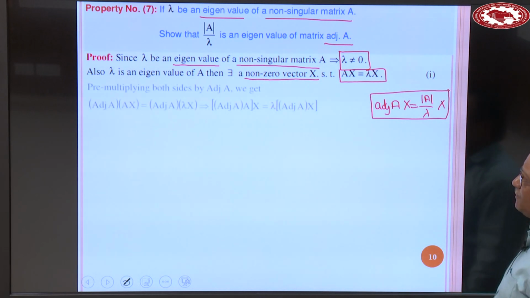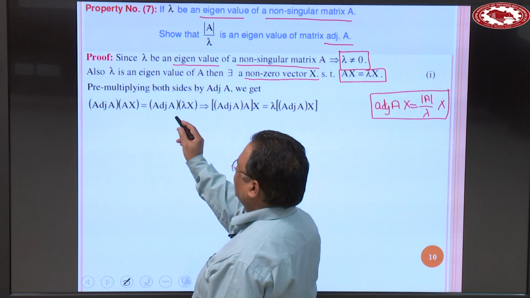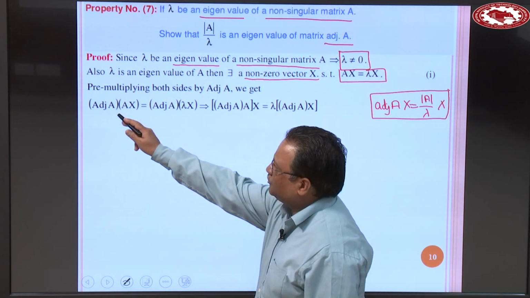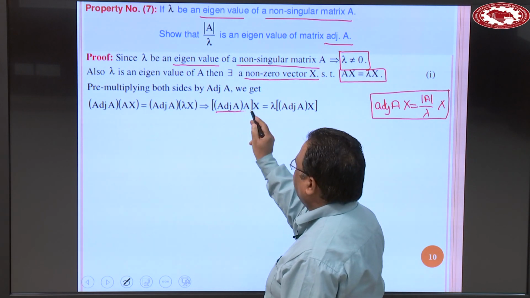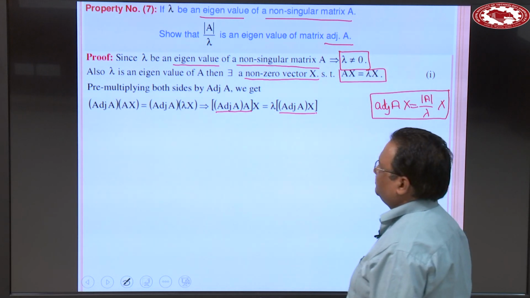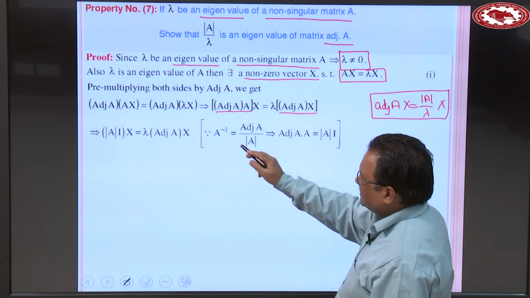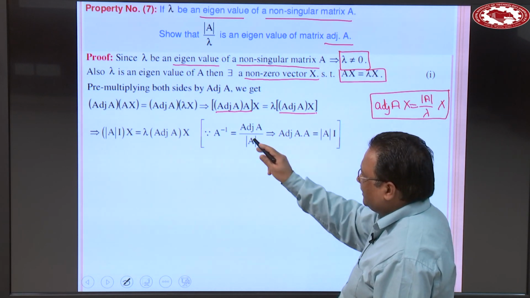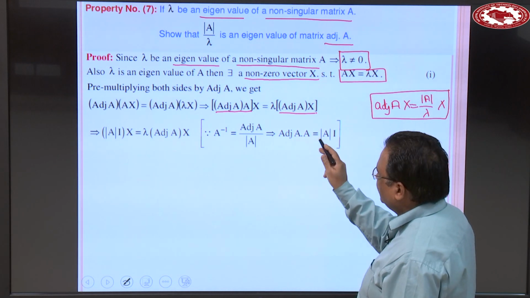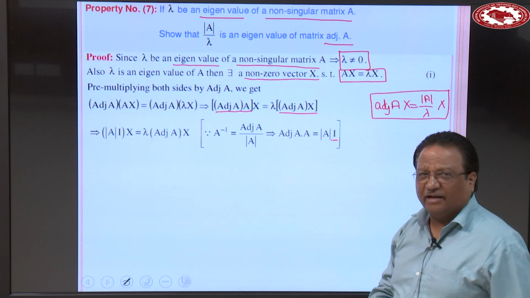Okay. So pre-multiplying both sides by adjoint A. So adjoint A Ax is equal to adjoint A lambda x. And this means adjoint A Ax is equal to lambda times adjoint A x. And adjoint A means, we know A inverse is adjoint A divided by determinant A, and this means adjoint A is equal to determinant A I. Determinant A is a number, right?